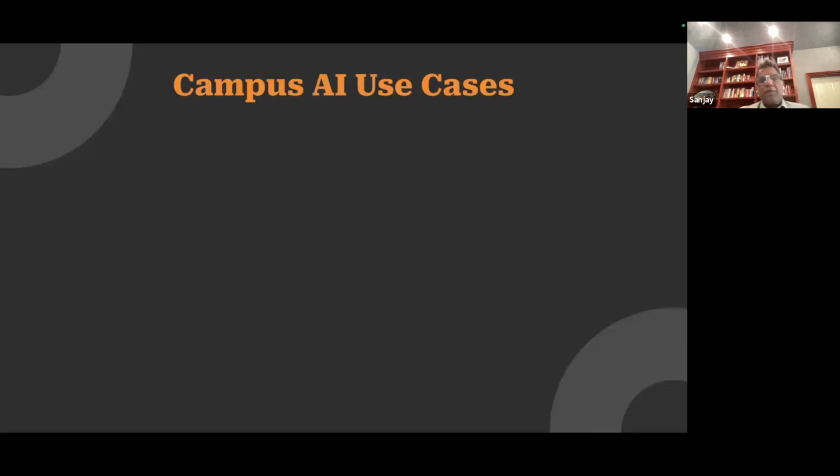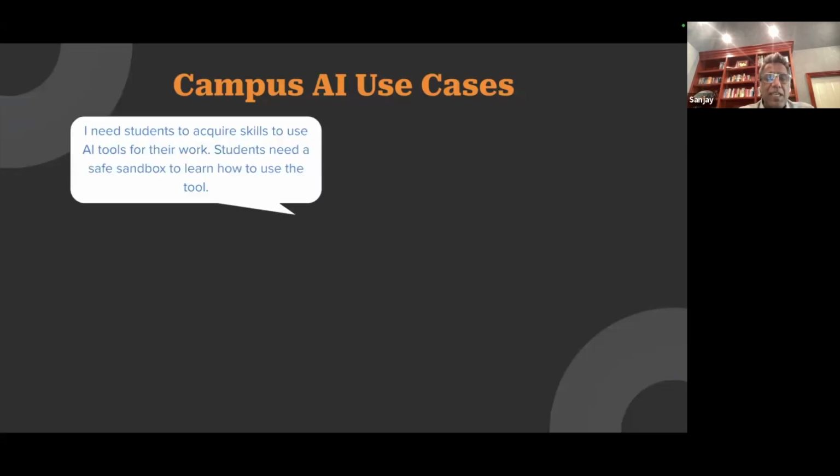So let's talk about the topic for why we are here, which is campus AI use cases. We have been working with AI solutions for about a year and a half, and here are some of the things that we are hearing from our customers. As you know, with GenAI, initially the concern was all about plagiarism, but it has changed to: I need students to acquire skills to use AI tools for their work.